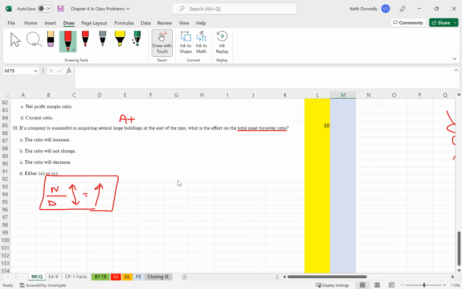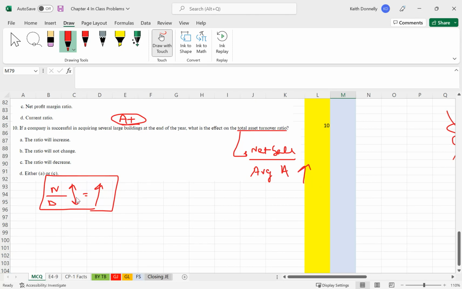So if we look here at the total asset turnover ratio, this is going to be your net sales or your operating revenue over your average total assets. So what we're saying happened during the year is we bought more assets. We increased the denominator.